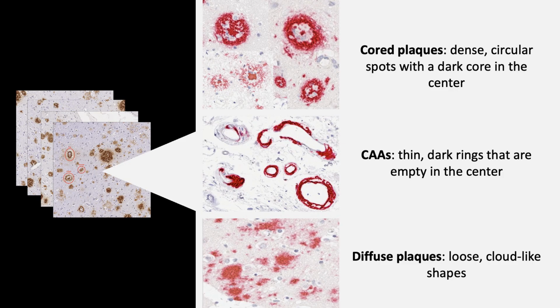And then these CAAs, which are really kind of cross sections of blood vessels that have absorbed or been saturated with the amyloid protein. These diffuse plaques we ignore in the citizen science analysis because we can use automated methods to easily just count the red stained pixels on those.